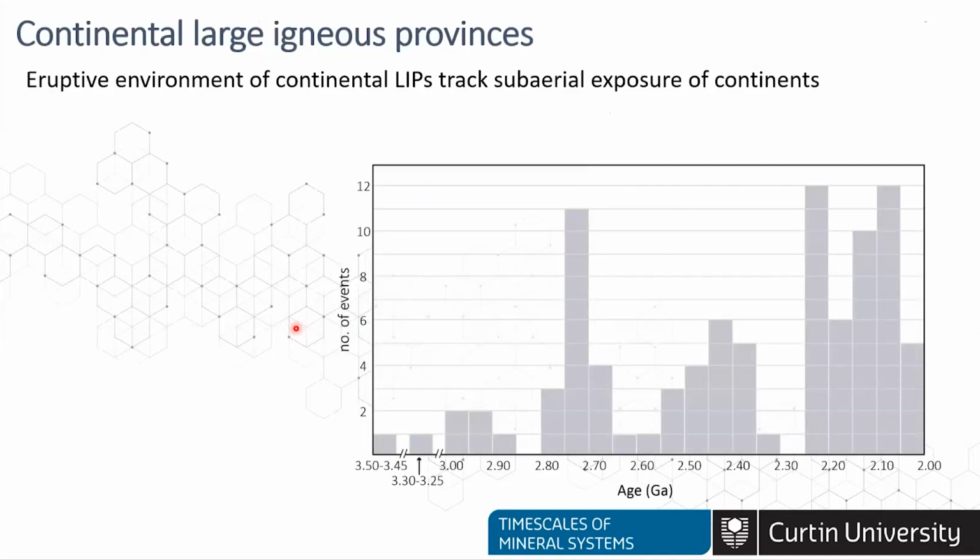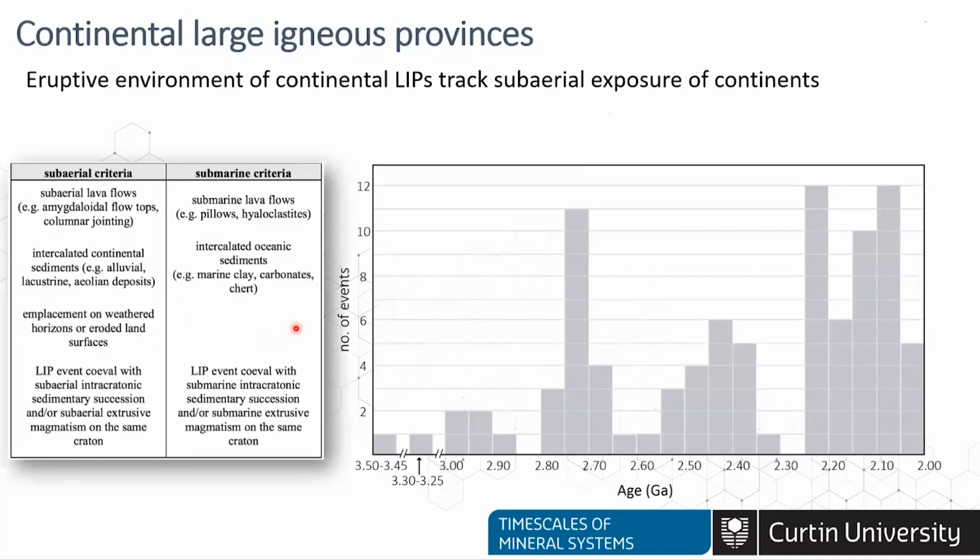So this figure here shows the frequency of continental large igneous provinces between 3.5 and 2 GA. And again, we focus specifically on continental large igneous provinces because they can tell us something about the exposure of continents, whereas oceanic large igneous provinces can't, or at least it's not as straightforward.